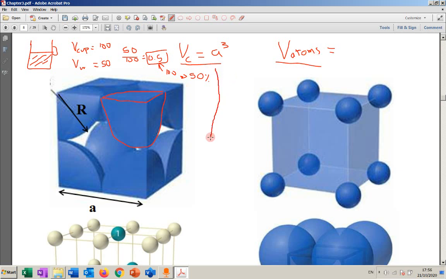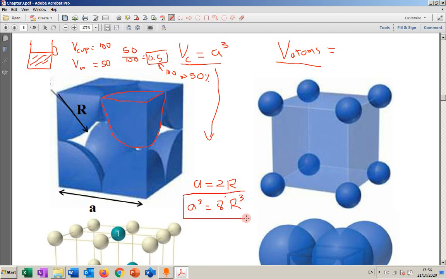I'm going to start with the volume of the cube first. Remember, in simple cubic we say a is equal to 2r. So a cubed is 2 times 2 times 2, which is 8r cubed.